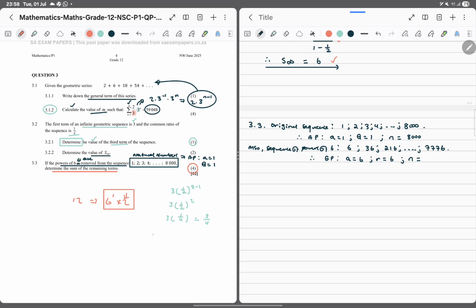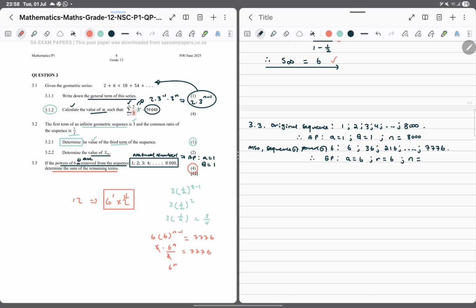Now we can do it on this side. So if it is GP, this is 6 times R, which is 6 to the n minus 1, is equal to 7776. Then this is basically 6 times 6 to the n over 6 equal to 7776.